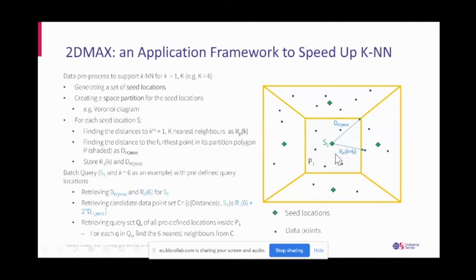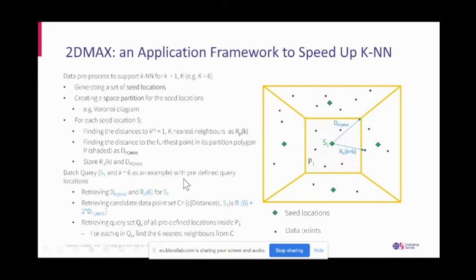And we will store these values, the RP values, for each k up to the biggest k you want to support. So in this case, k is from 1 to 6, so we will have 6 distances saved. We also have this maximum distance inside the partition polygon saved.